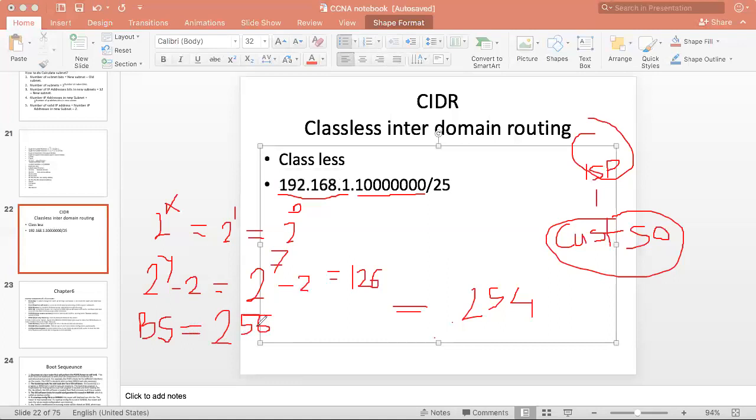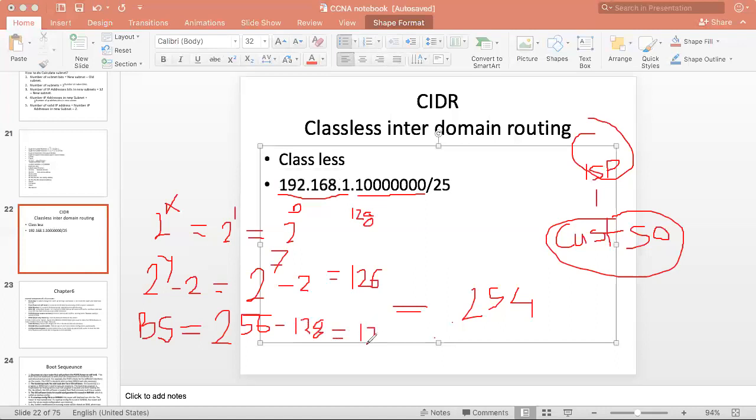So block size was 256 minus the sum of on bits, right? In this particular portion, I see one bit is on, and what is the value of this bit? 128. So 256 minus 128 gives 128 again. So the block size will be 128.